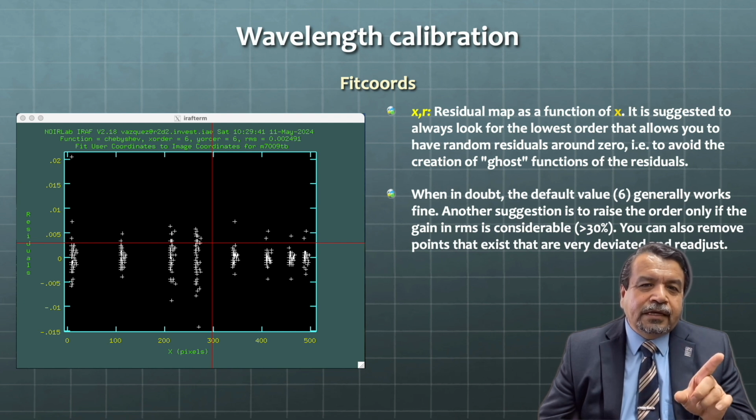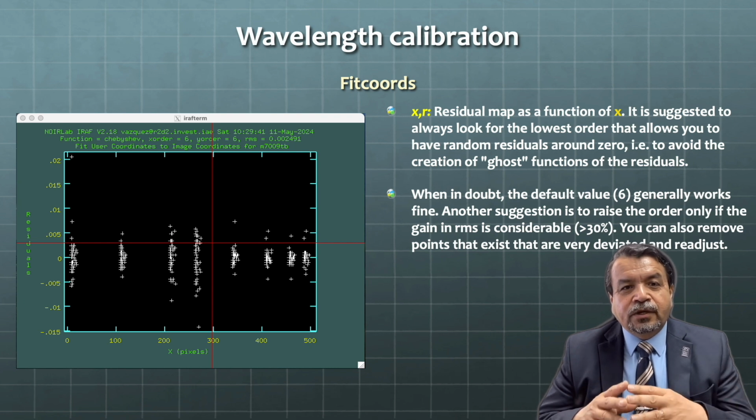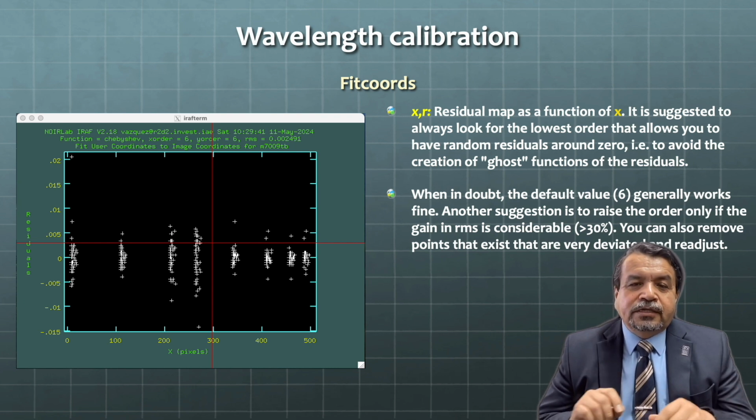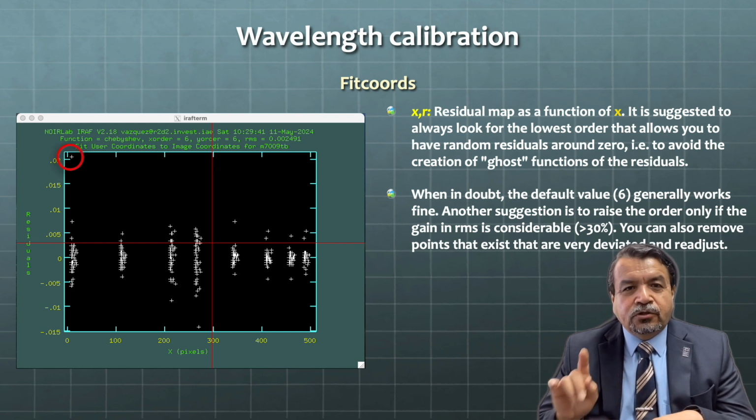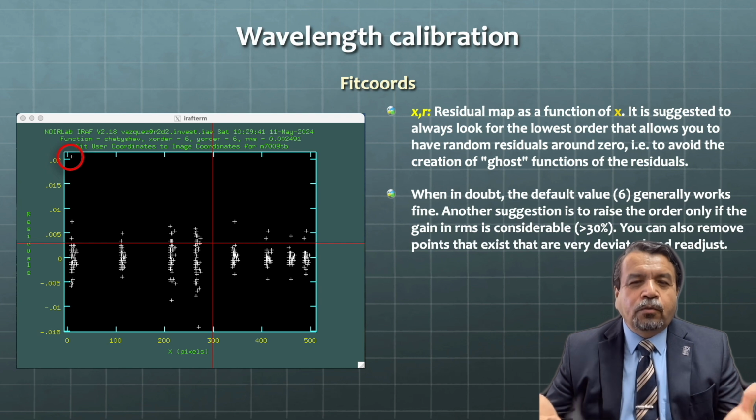So in the event that it throws me some extreme value, like the one in the top left corner, it could be eliminated or disregarded. You place the cursor over it, press D to remove it, and then it won't be included in the statistics, okay? You won't use it for anything at all.